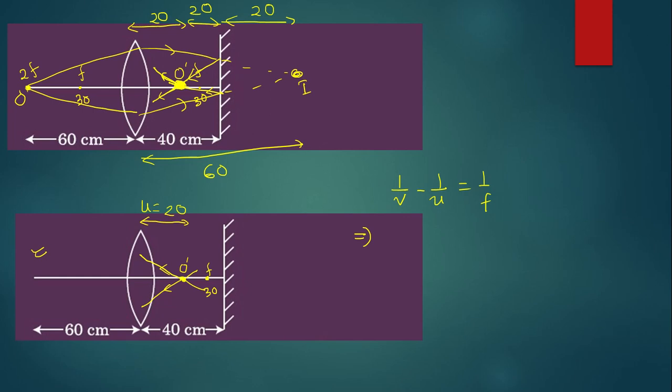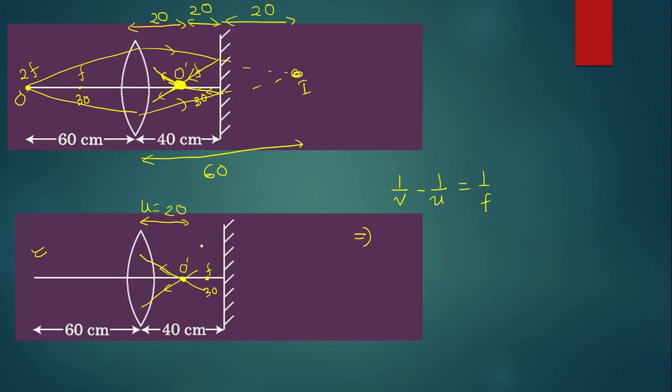Under this convention, we consider the signs according to the Cartesian coordinate system. All the distances measured along the positive x-axis, that is the right hand side, will be positive, and all the distances along the negative x-axis will be negative.